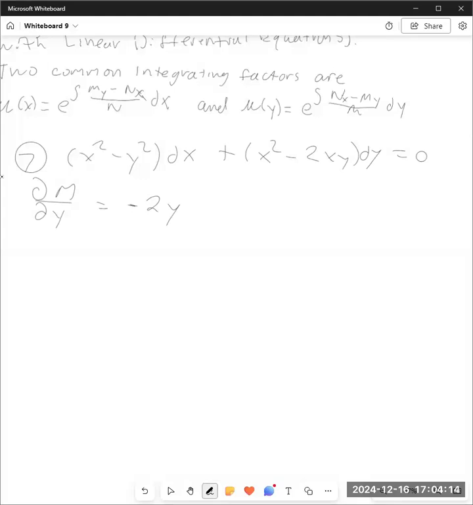And this one with respect to x is going to give me 2x minus 2y. So not exact, right?